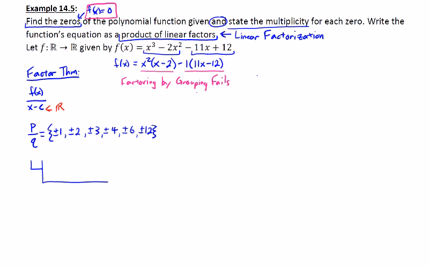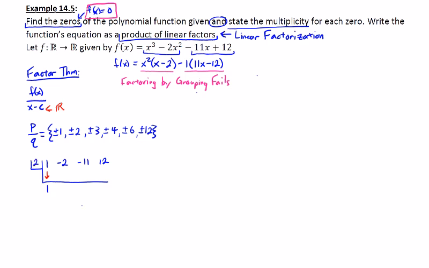So the synthetic division setup starts with the dividend and the coefficients 1, -2, -11, and 12. We are always expected to bring down the leading coefficient from the dividend, and then we're going to pick something to test out here. So I'm going to say let's test out 2.